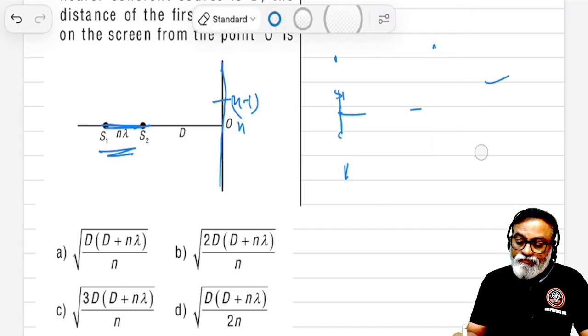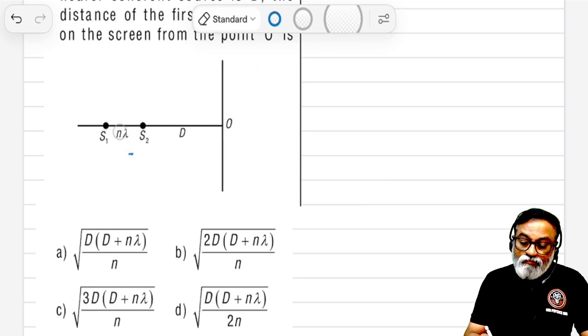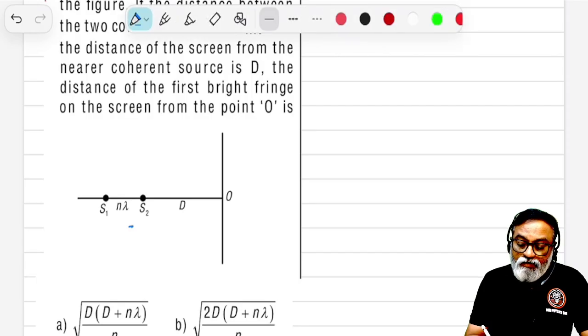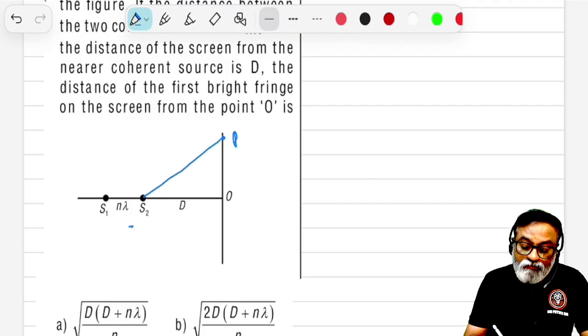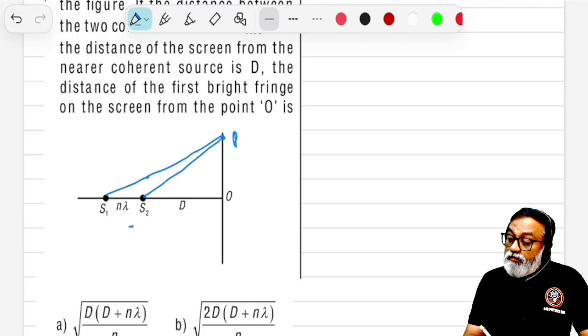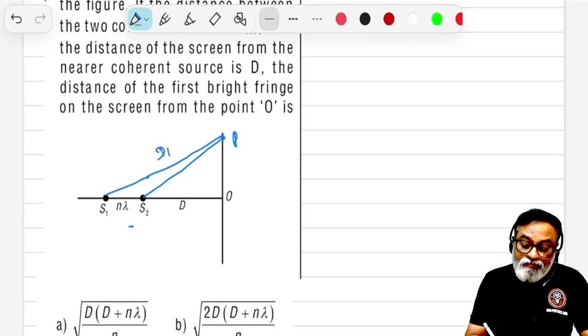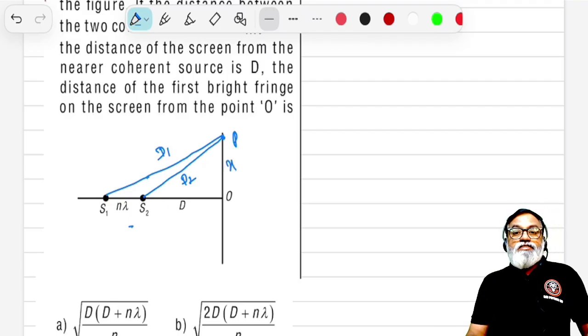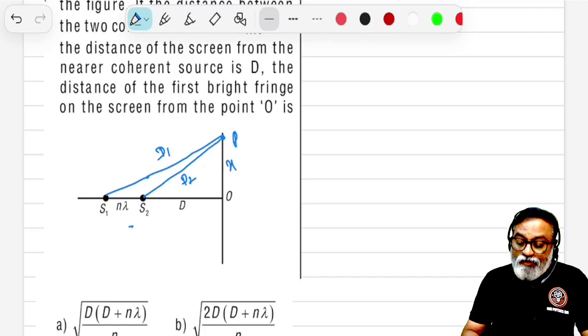See here. For example, here is a point P. This distance I am taking D1 and this one is D2. This distance is X. Here I have to find out X. First, I have to find out D1.